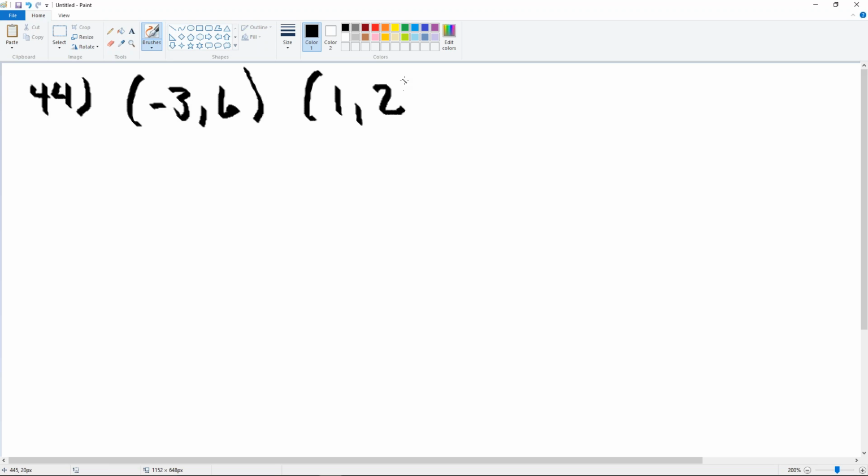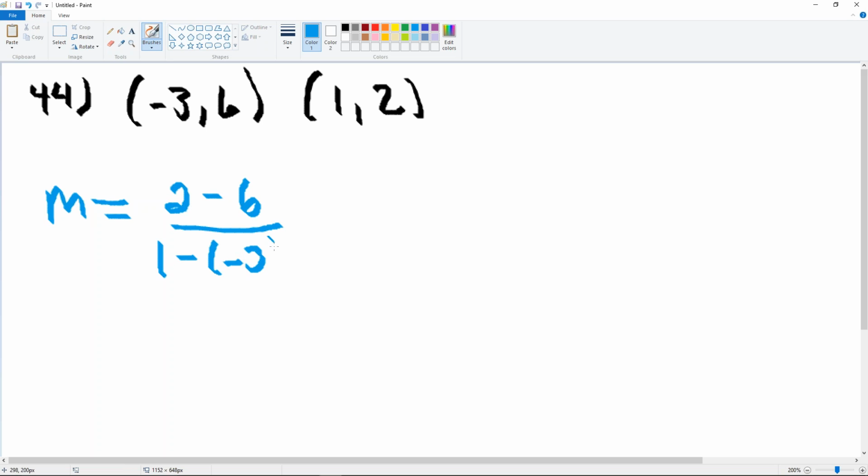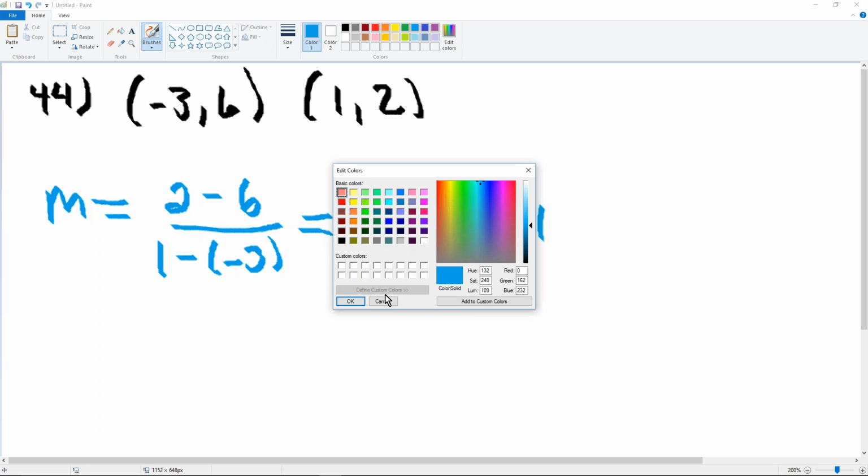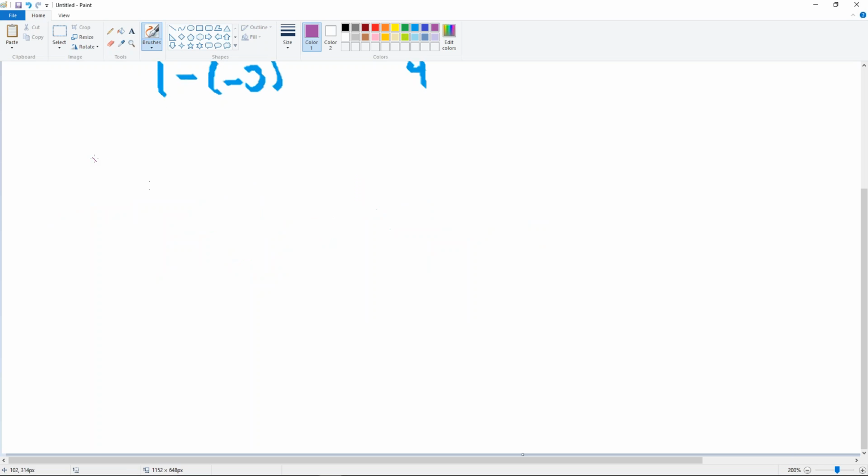1, 2. I think. So slope is y2 minus y1, so 2 minus 6 over 1 minus -3. 2 minus 6 is -4. Positive 4, so it's a -1. That's right. So then you use y minus y1 equals m times x minus x1.